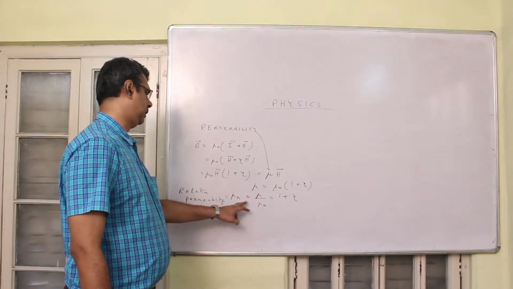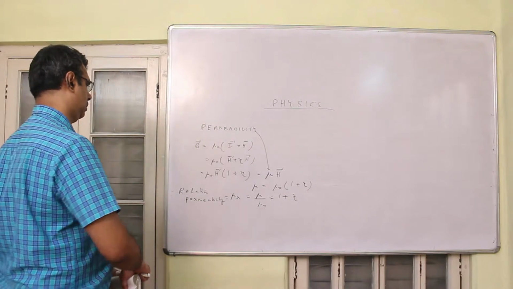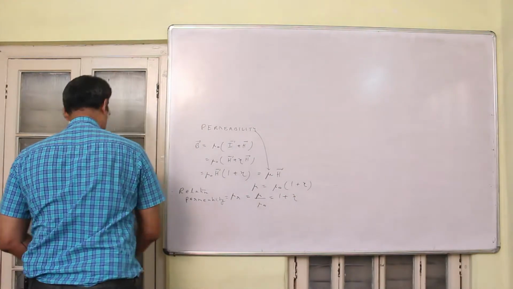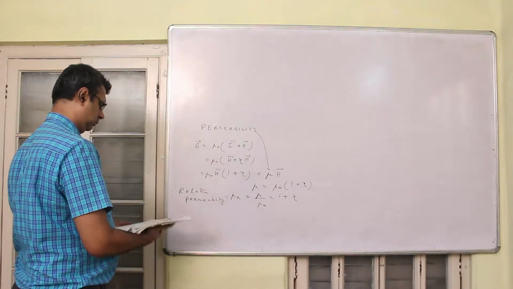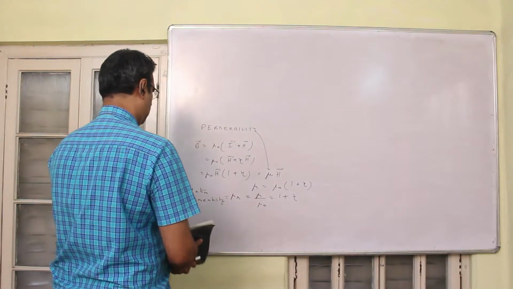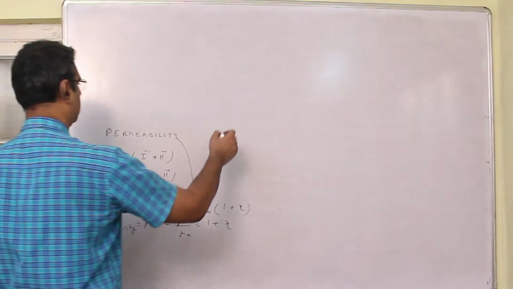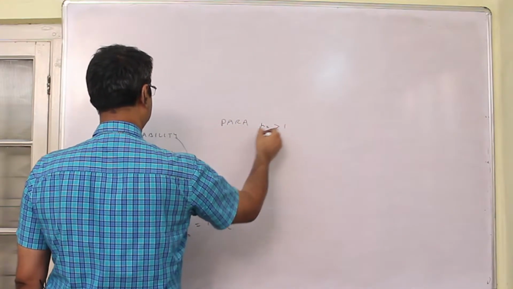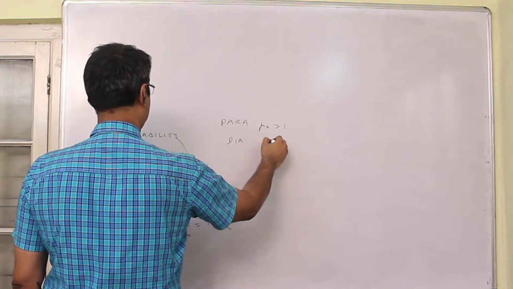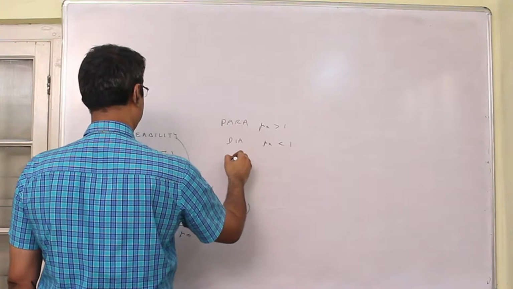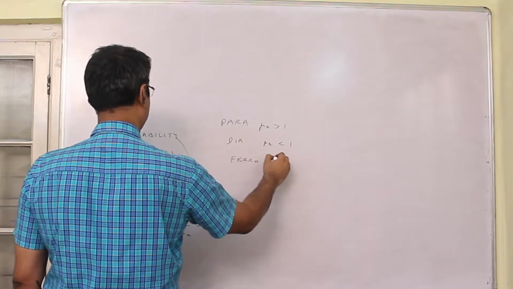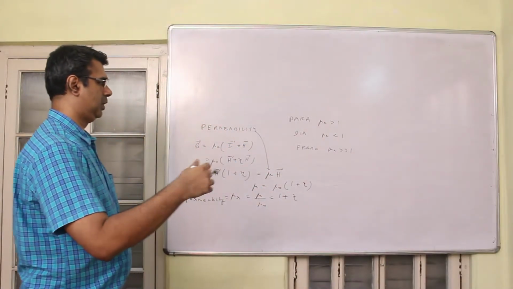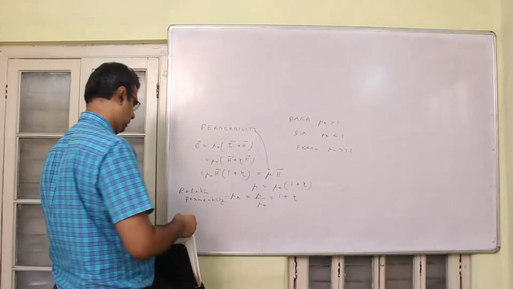If you are talking about a paramagnetic substance, relative permeability is greater than 1. If you are talking about a diamagnetic substance, relative permeability is less than 1. If you are talking about a ferromagnetic substance, relative permeability is in the measure of thousands, so it's much greater than 1.